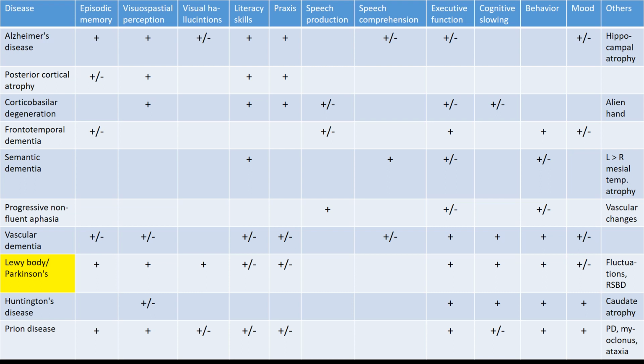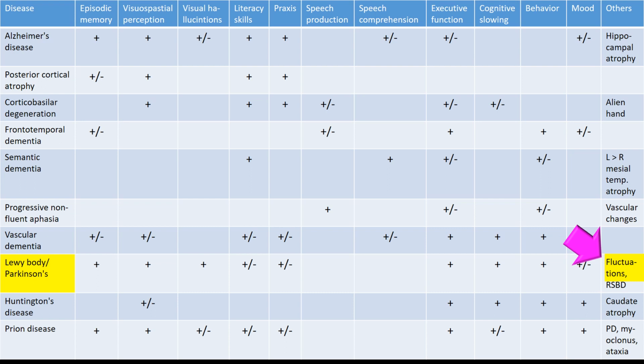Lewy body dementia is defined by onset of dementia with features consistent with it in a patient without motor signs of Parkinson's disease, or arbitrarily defined by the onset of Lewy body dementia manifestations occurring within 1 year of the onset of the motor manifestations of Parkinson's disease. Dementia starting 1 year after the onset of the motor manifestations of Parkinson's disease is considered Parkinson's dementia.